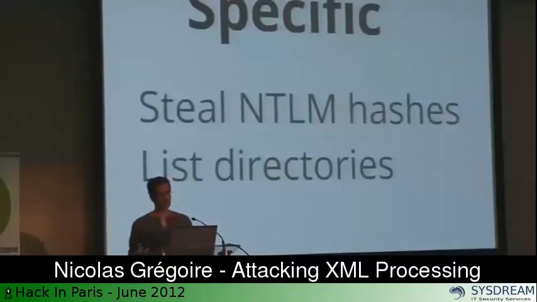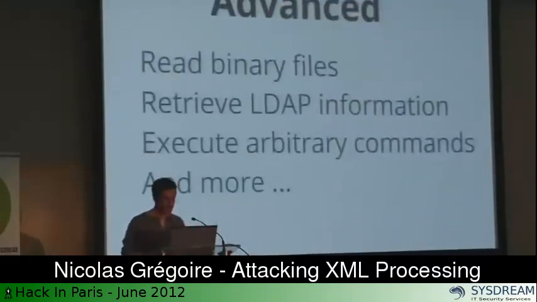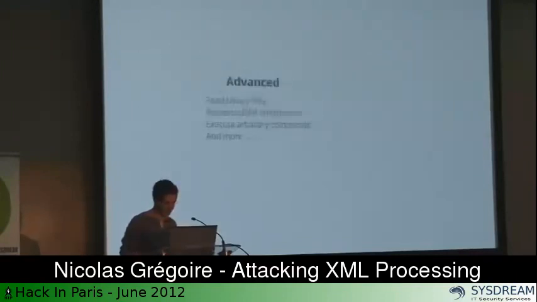You can list the content of directories under Java, which is very useful if you don't know your target. And you have some very specific cases when you can read binary files, get some information from internal LDAP servers, execute commands, and similar tricks.